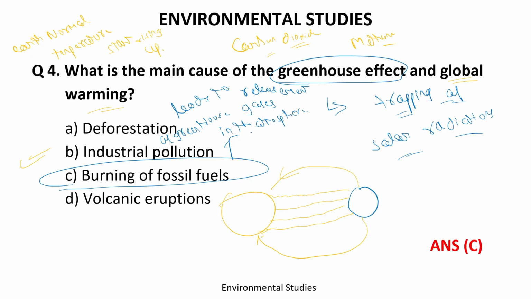And when the greenhouse gas concentration rises in the atmosphere, the trapping of solar radiation rises. And when the solar radiation trapping rises, Earth's normal temperature starts rising up and global warming increases. So just remember the main cause is the burning of fossil fuels.